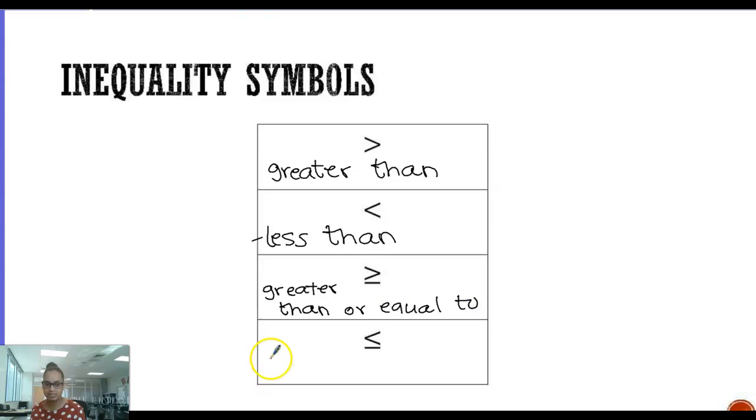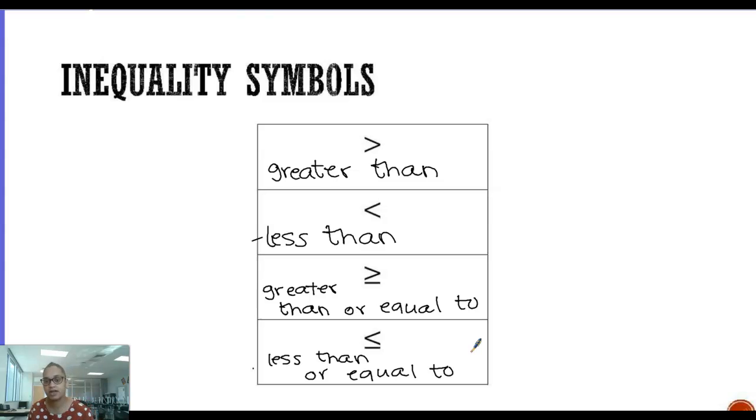And then you probably guessed it, but this one is less than or equal to. What you need to know about these is that we're going to use those symbols to help guide us on how our number line will look at the end of our solving.